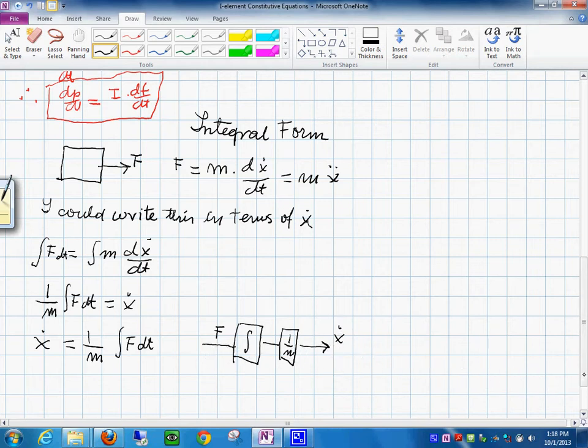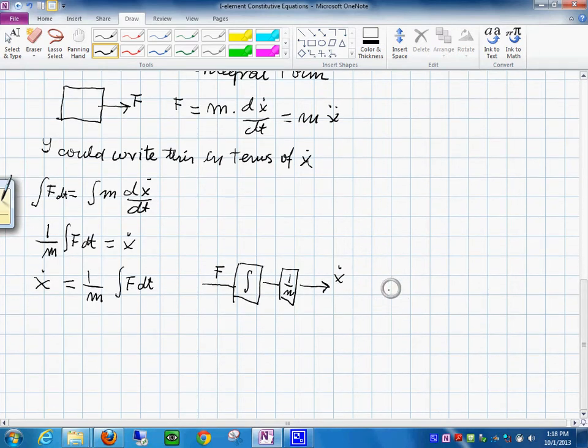But now how do we write this same thing in bond graph form? I'm going to do it on the right hand side here, so this of course is an I element in here where the output is the flow. See, x dot is the output, and the input in here is f.